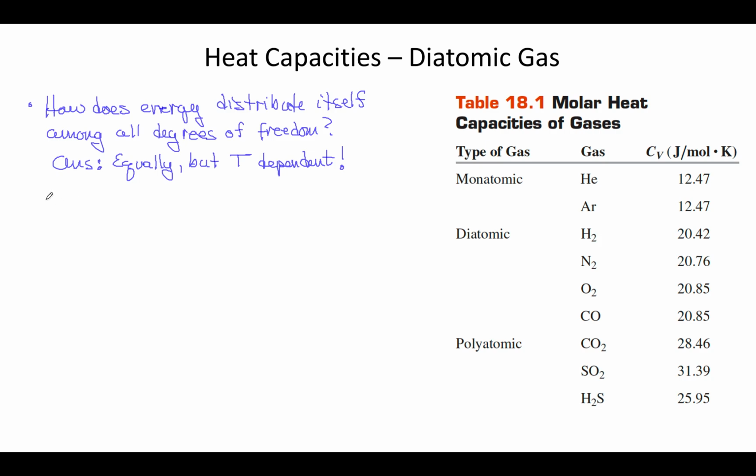So it's pretty cool. What tells us that? Well, it's this highfalutin advanced subject called statistical mechanics, which is the application of statistics to a huge system such as a mole of gas. From statistical mechanics, we get this theorem called the equipartition of energy.